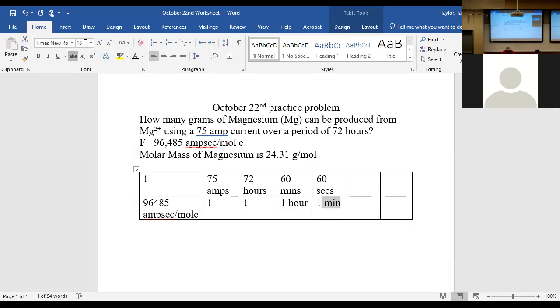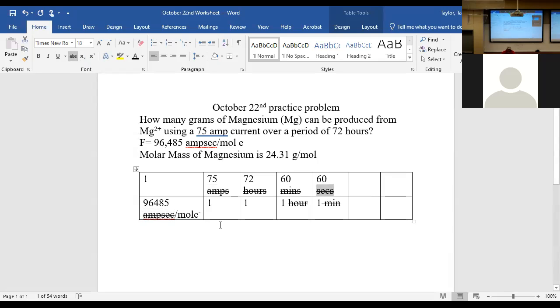Cancel out minutes. Cancel out hours because of that. And then cancel out the amps and the seconds, from right there and there.